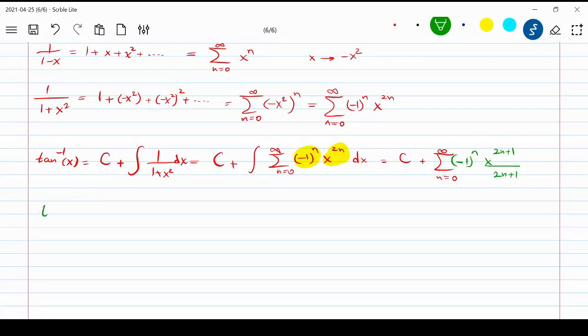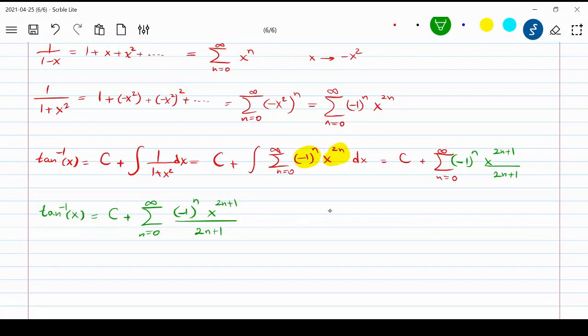So I can say tan inverse of x is exactly the same as some constant plus the summation, n from 0 to infinity, of negative 1 to the n, x to the power 2n plus 1, divided by 2n plus 1.